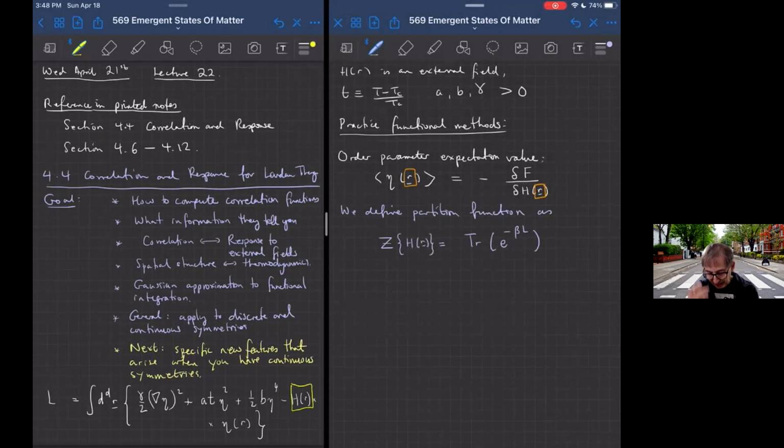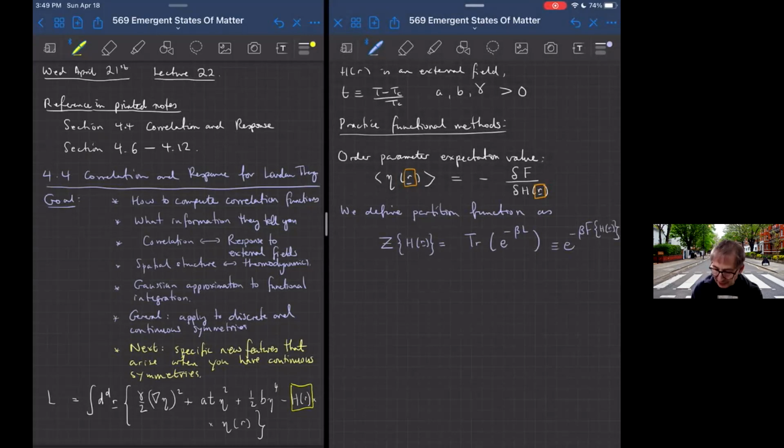What that means is you tell me what H of r is, you give me some function defined over space, and then the partition function will be some quantity that depends upon that. It will be an explicit function. And we're going to define this to be the same as the free energy, and that free energy is then going to depend on H of r.